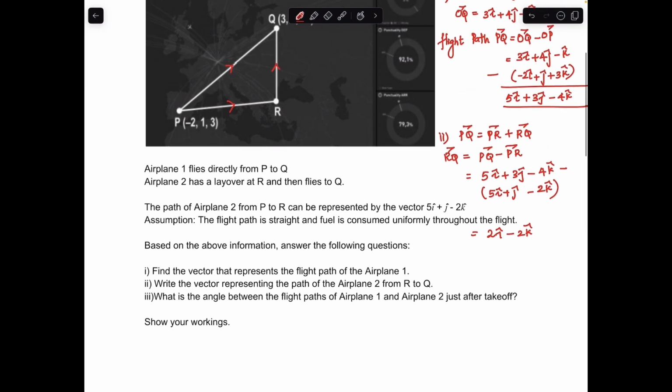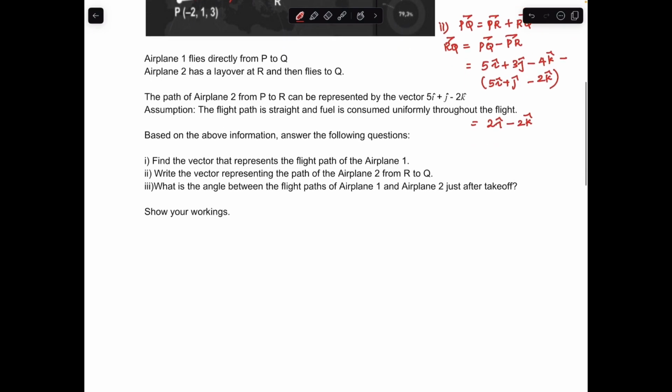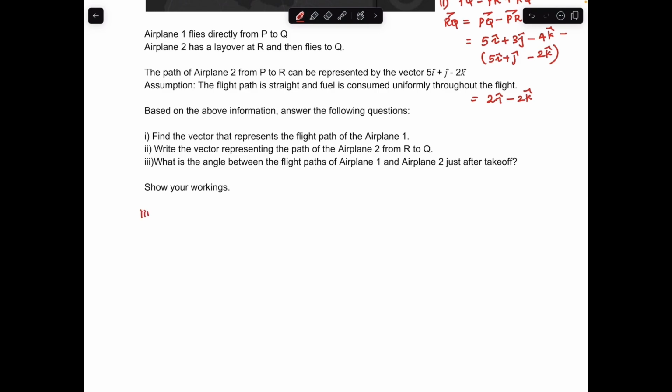Subdivision 3. What is the angle between the flight paths of airplane 1 and airplane 2 just after takeoff? The path of airplane 1 is PQ. The path of airplane 2 is PR. So we have to get the angle theta, which is formed by PQ and PR. PQ dot PR is equal to magnitude of PQ times magnitude of PR times cos theta, where theta is the angle between these two vectors.